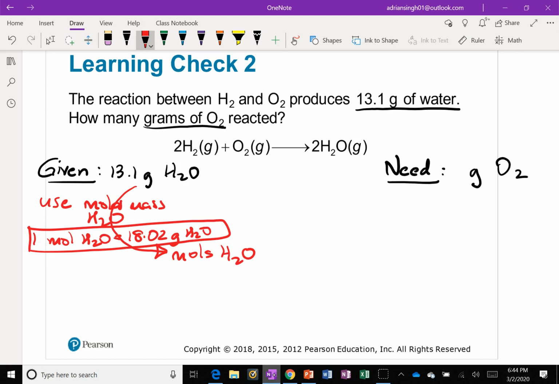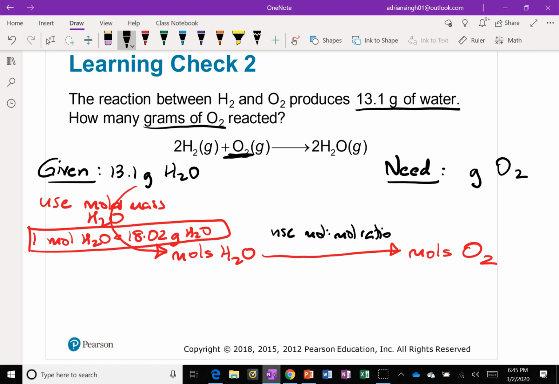Okay, once we get to moles of water, then we can convert that to moles of O2. So moles of one thing to moles of the other, what are we going to use? The coefficients, or the mole to mole ratio. Right, so from the equation we are relating the oxygen to the water.